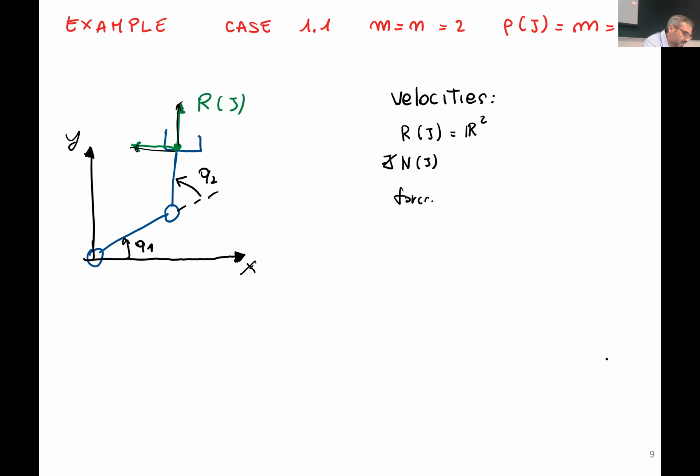While for forces, the range space of J transpose is R squared because the rank is 2, and the null space of J transpose has dimension 2 minus rank of 2, so it's 0.